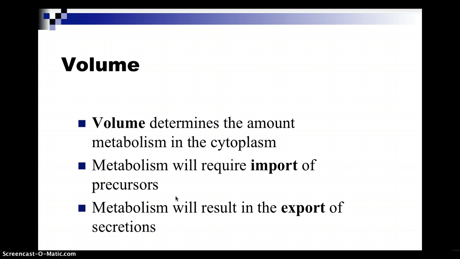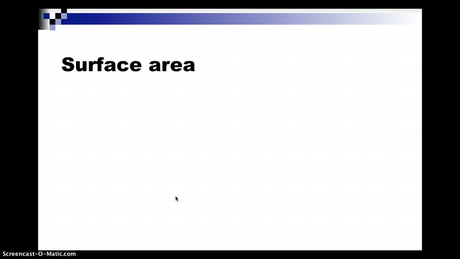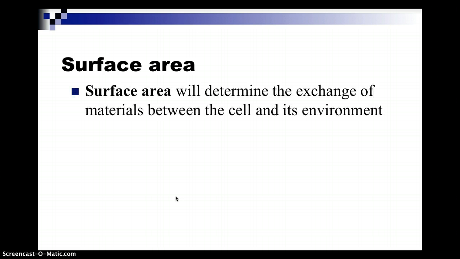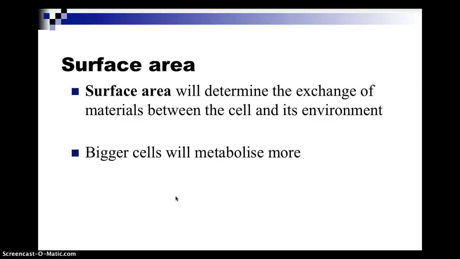So in looking at the volume, we know that it relies on surface area, and the surface area refers to the membrane of the cell, that area surrounding the cell, separating it from its interior and exterior parts, separating the cell from its environment. So bigger cells will allow more substances in, more nutrients in, and more waste out, which means they can do metabolism at a faster or more successful rate.